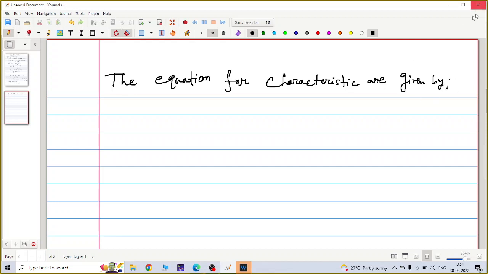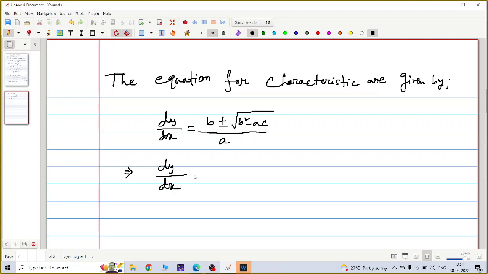What is the equation? dy/dx equal to... sorry, dy/dx equal to (b plus minus root over b square minus ac) by a. Is it okay? You know now this equation for characteristics. So I will just solve this equation and find the characteristics along which we want to change the coordinates.